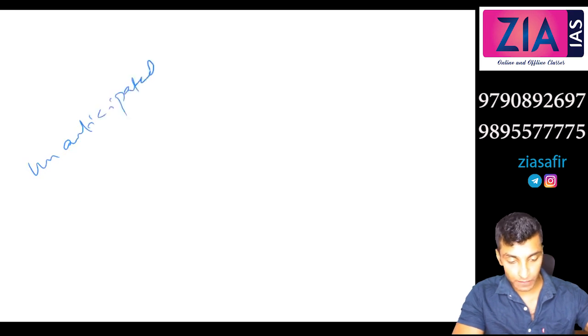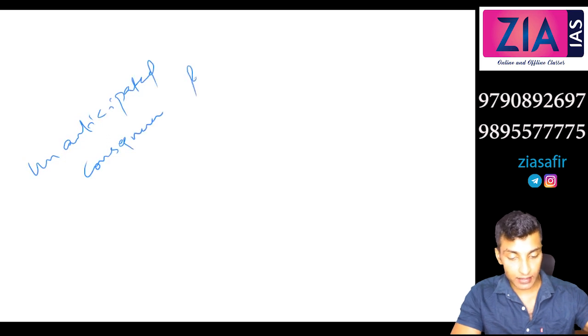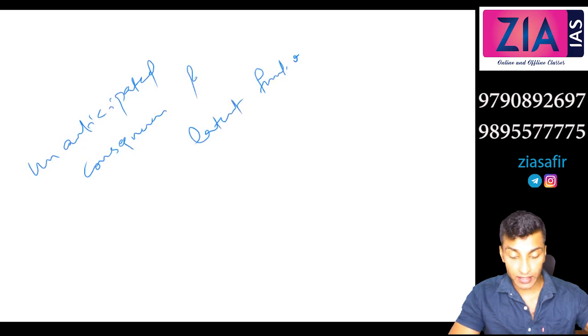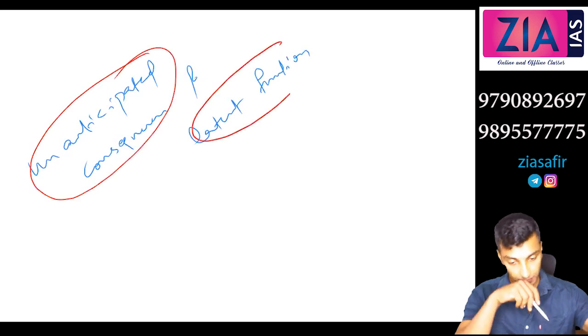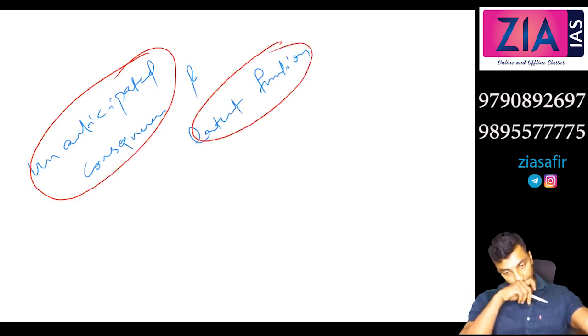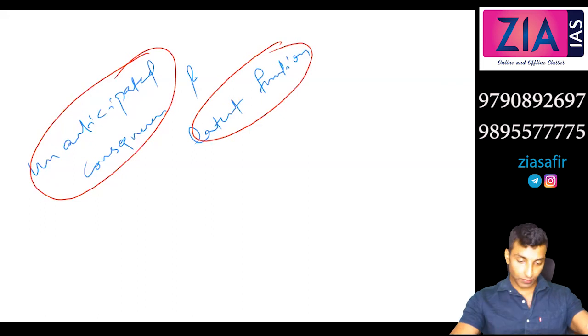What is the difference between unanticipated consequences and latent functions? Can anyone tell me? Maybe latent dysfunction. Yes, that is the answer here.